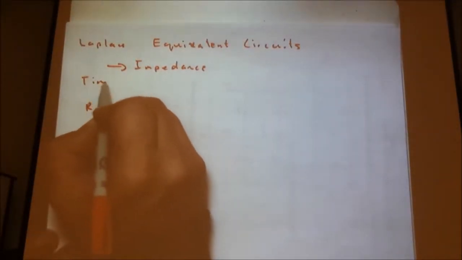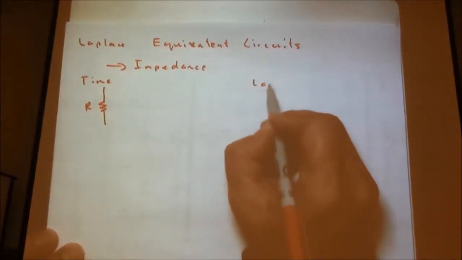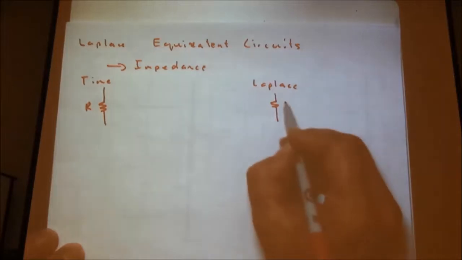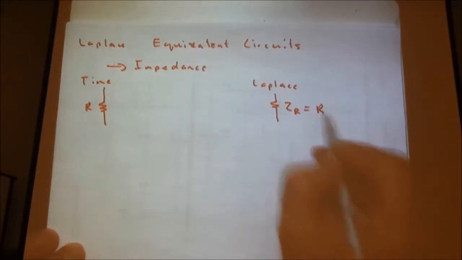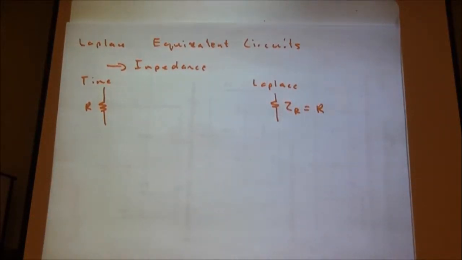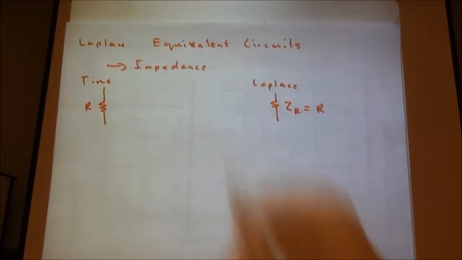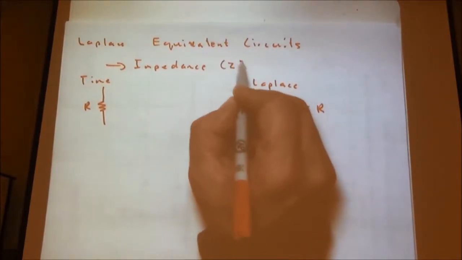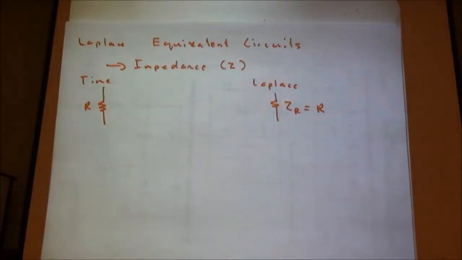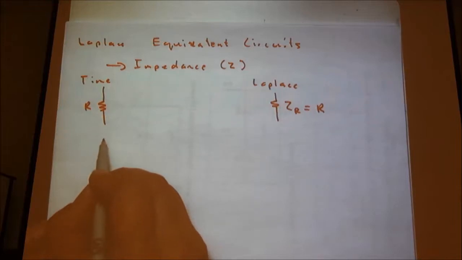We have our time domain circuit, and then our Laplace equivalent. A resistor is just a resistor in either domain. And again, a quick reminder, Z means impedance, so we'll use that a lot over the remaining semester. So Z means impedance, and then the subscript R for resistance.